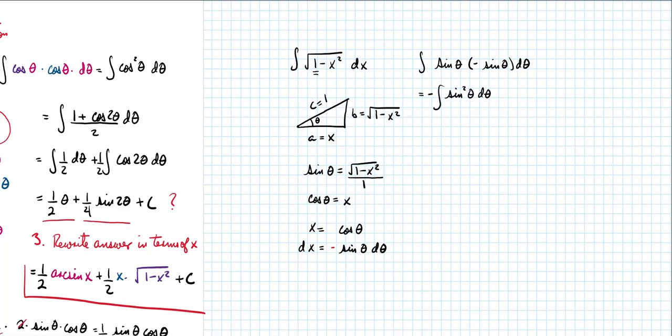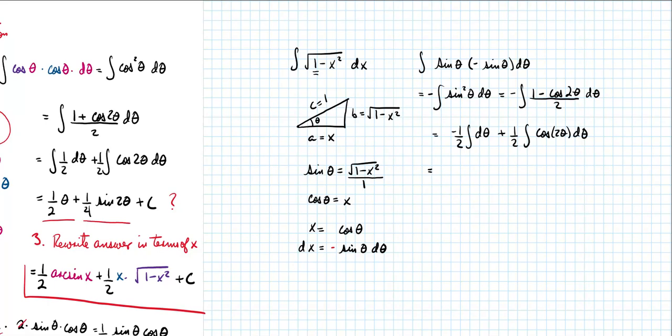Now we still need to go ahead and use our half angle formulas, or the power reduction formulas, which will give us a negative times the integral of (1 minus the cosine of 2 theta) all over 2 d theta, which is giving us a negative 1/2 integral d theta plus 1/2 the integral of the cosine of 2 theta d theta.